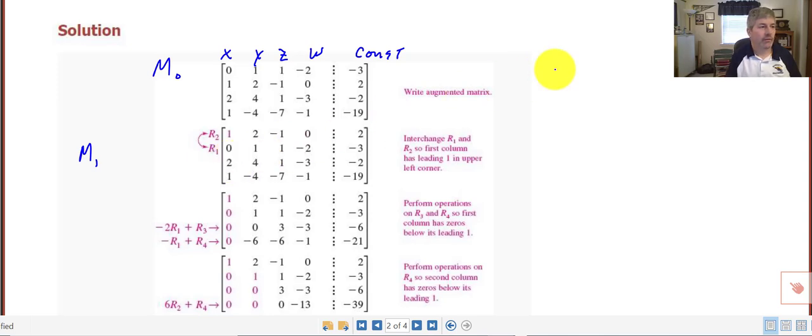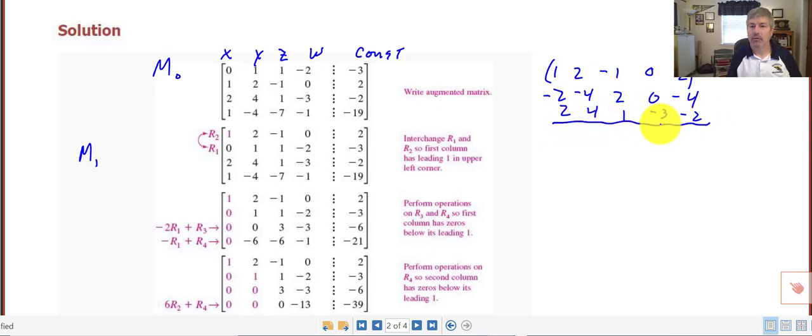Rewriting the matrix, I've got 1, 2, -1, 0, and 2. I multiply that by -2, and that row becomes -2, -4, 2, 0, and -4. And then I'm going to add that to row 3, which is 2, 4, 1, -3, and -2.